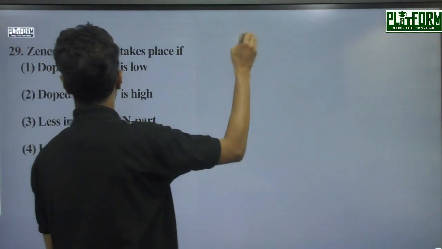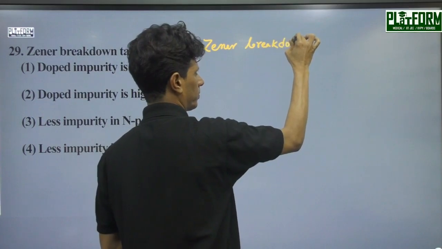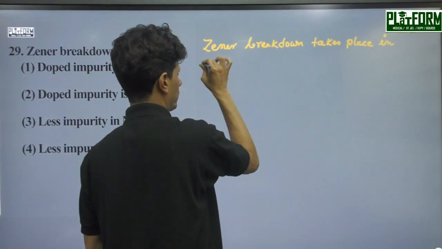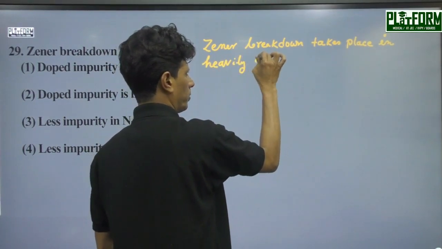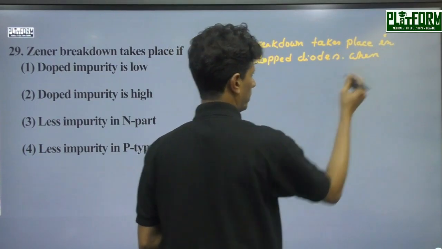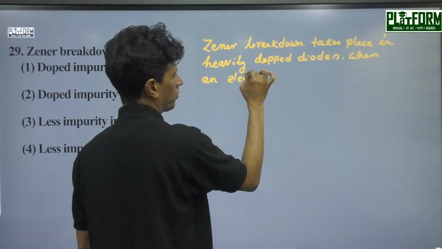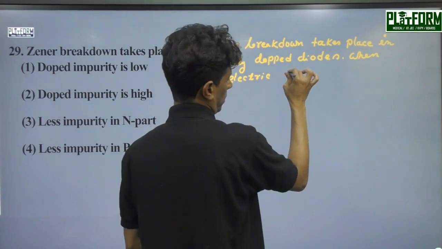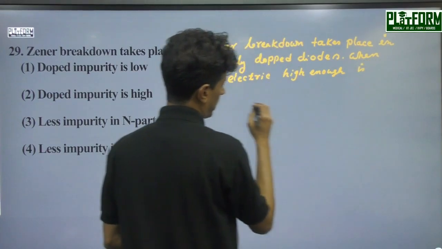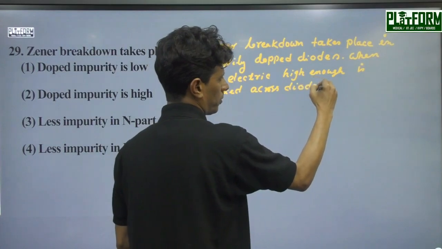Zener breakdown takes place in heavily doped diodes when an electric field high enough is applied across the diode.